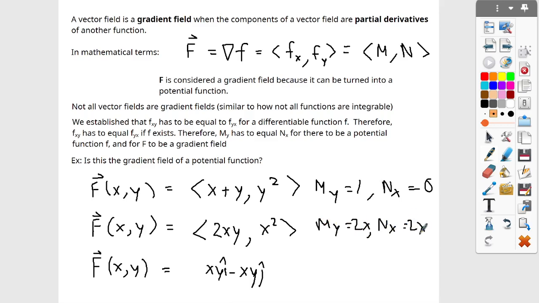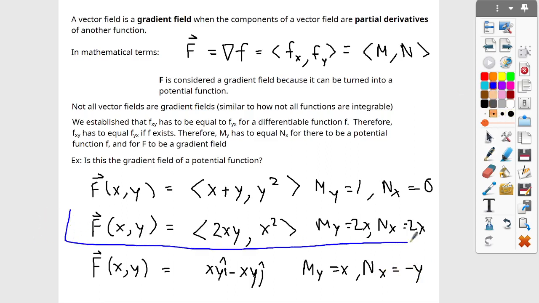You betcha it is a gradient function. Is this a gradient function? m sub y is x, but n sub x is negative y, not a gradient field. So the only gradient field is this one. These are not gradient fields. They cannot be turned into a potential function. They're not integrable, basically, in the Calc 1 sense.